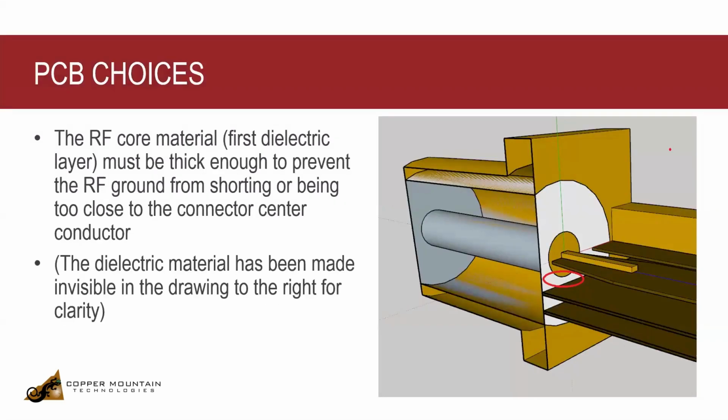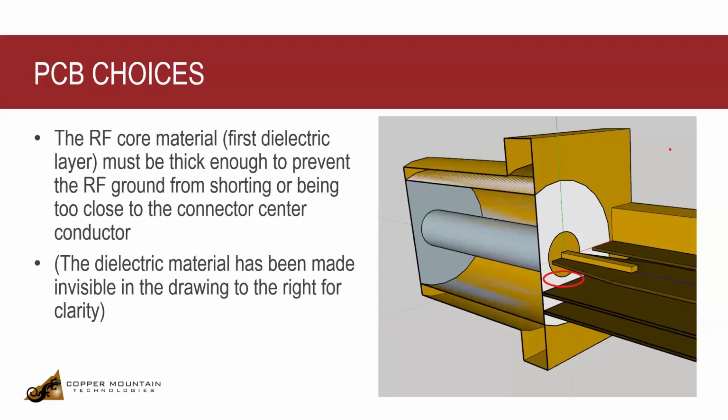Now the RF core material, the first dielectric layer, has to be thick enough to prevent the RF ground from shorting to the connector center conductors. So as you can see here, the pin is touching the trace, that little trace is tapered. And you can see that the cylinder of the center conductor on the face of the connector is actually much larger than the pin and extends downward.